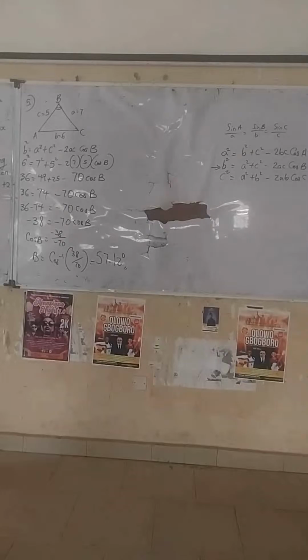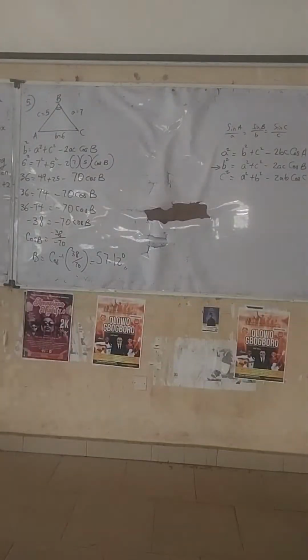But that's the first part. Now the second part of the question says find the area. Hope you know that the area of a right angle triangle is different from the area of an acute angle triangle.